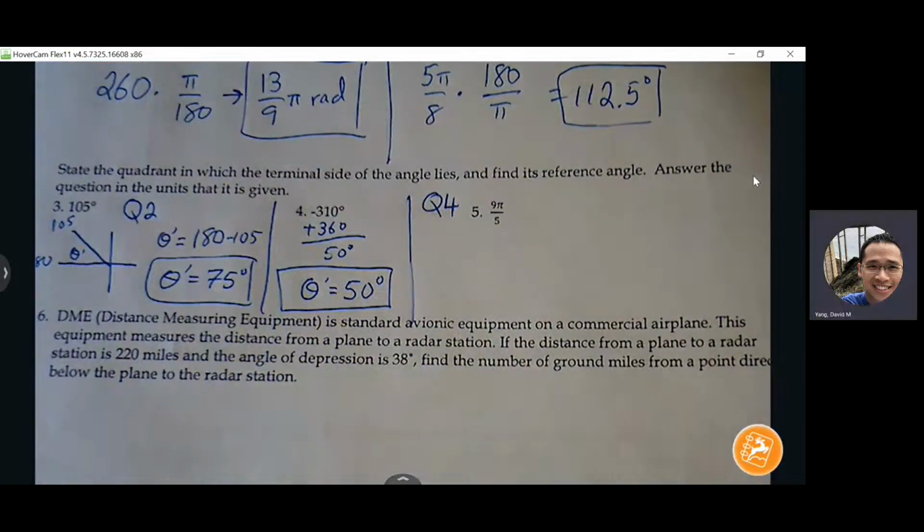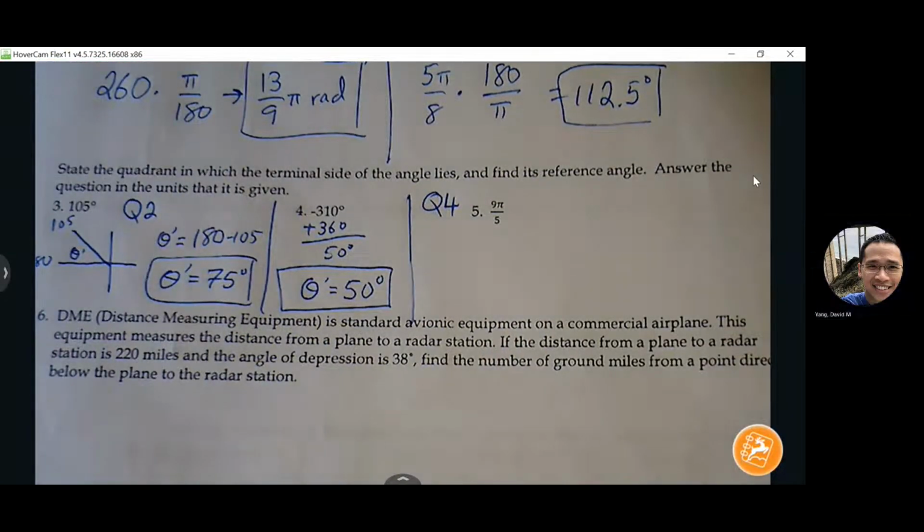Yes, question? How did you find the reference angle? Right, what's the definition? It's the angle to the closest x-axis. The closest x-axis is 0, so 50 minus 0 is just 50.